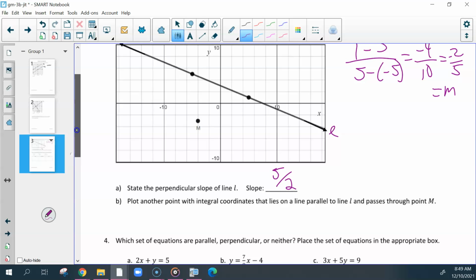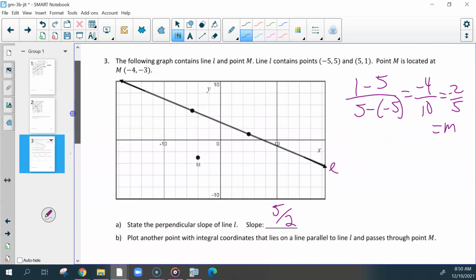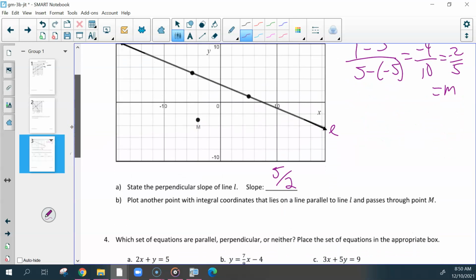This is the point that it tells us: negative 4, negative 3. If I use my slope and I remember that these are counting by 2's, I go down 2 and to the right 5: 1, 2, 3, 4, 5. Negative 5 would be a point.